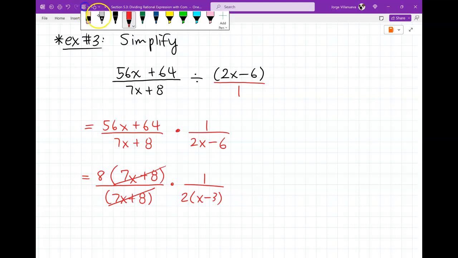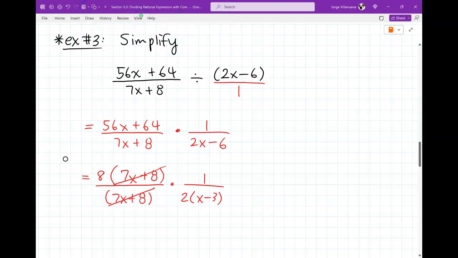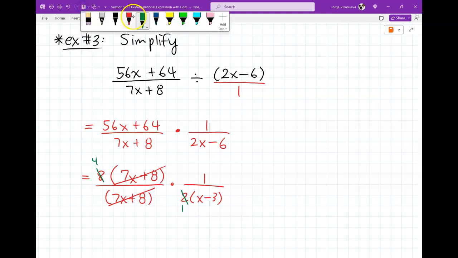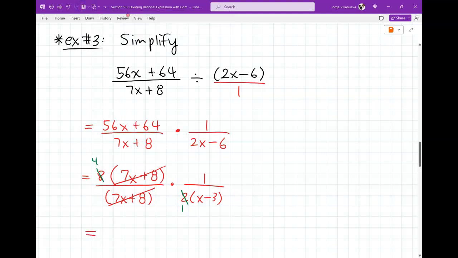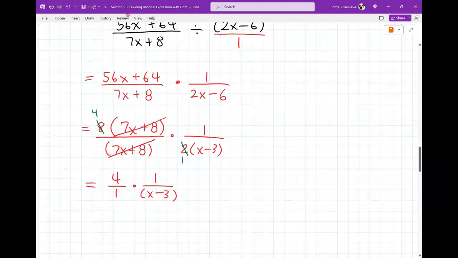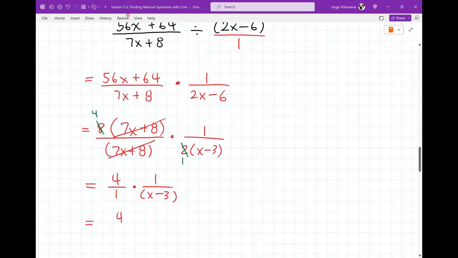So the 2 goes into itself once, into 8 4 times. So let me go ahead and multiply now. I'm going to have a 4 over 1 times a 1 over x minus 3, which just becomes 4 over x minus 3.